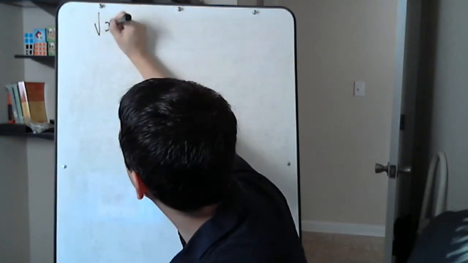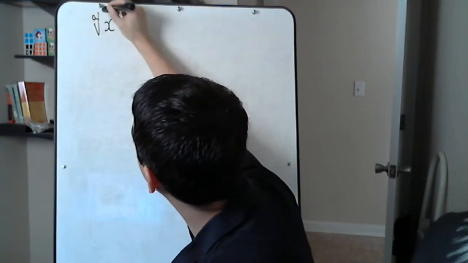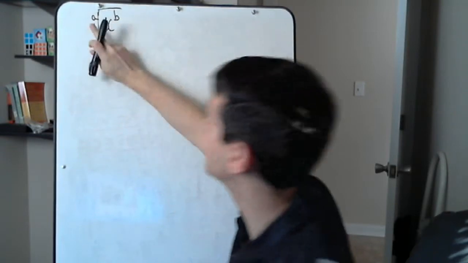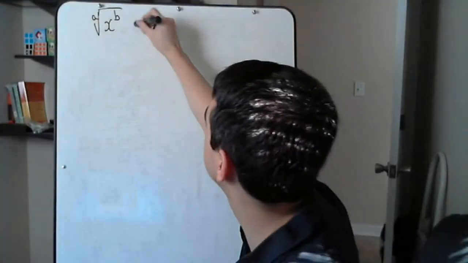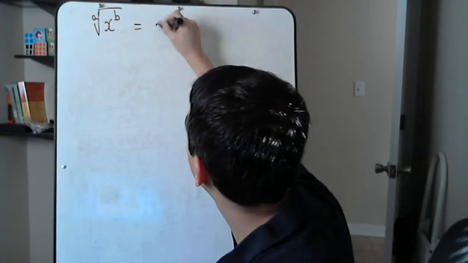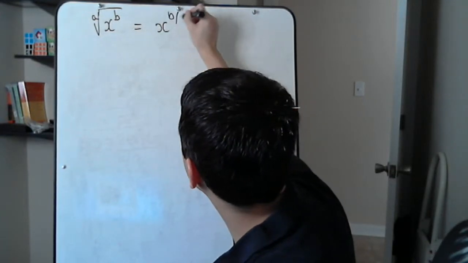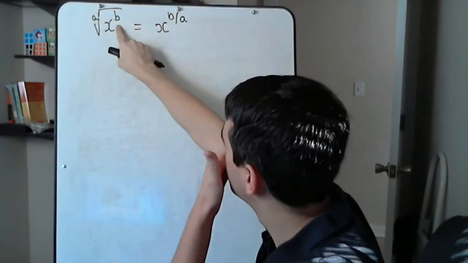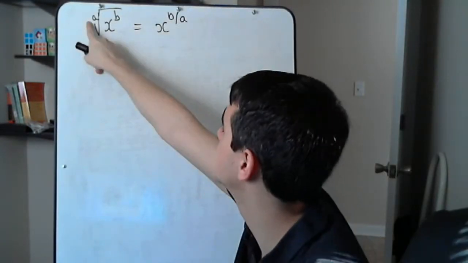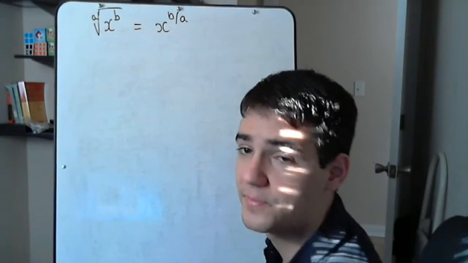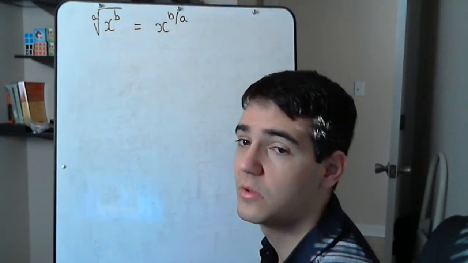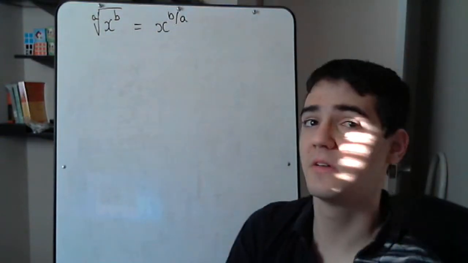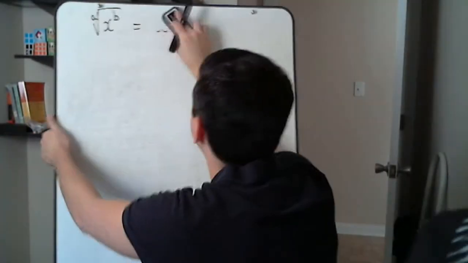If you have the a-th root of x to the b, that's the same thing as x to the b over a. So b is the exponent inside the radical, and a is the power of the root. Make sense? Okay. Moving on.